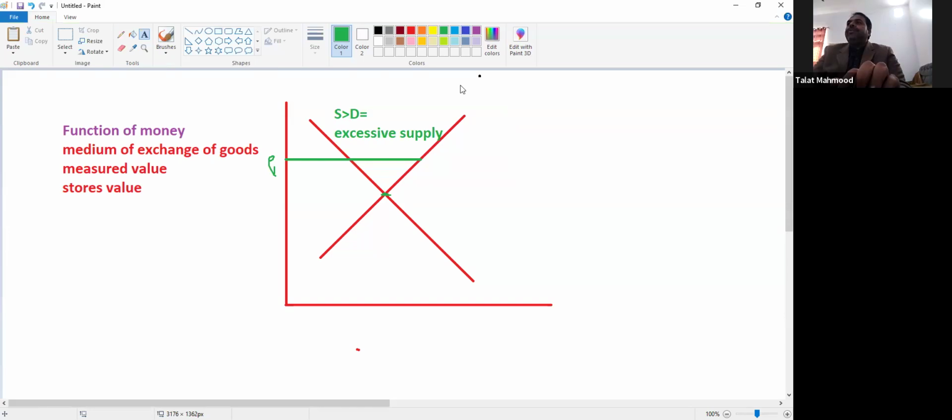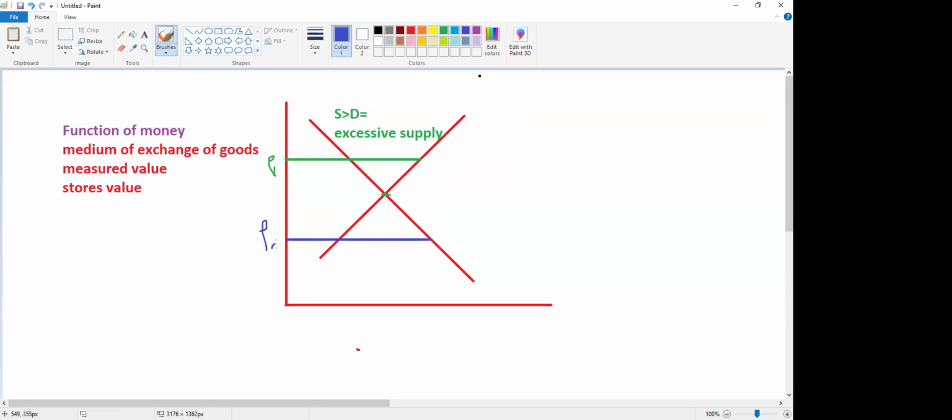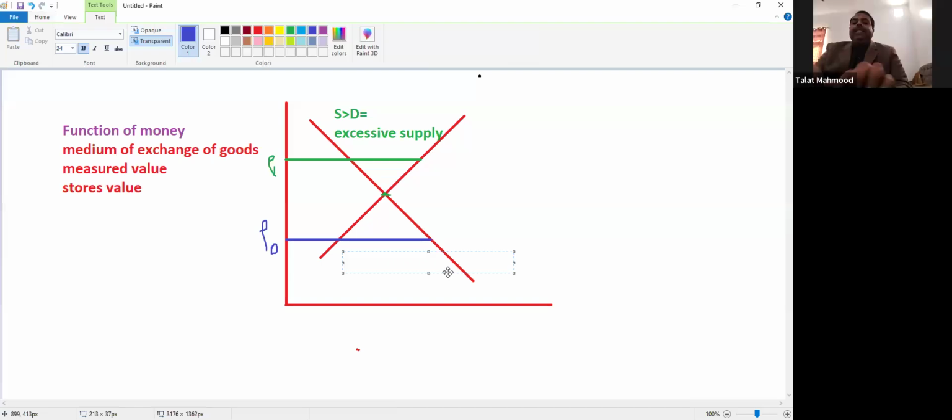Okay. So what will happen if the price is here? When the demand is greater than supply, it is also called a deficit. Here we see that demand is greater than supply.